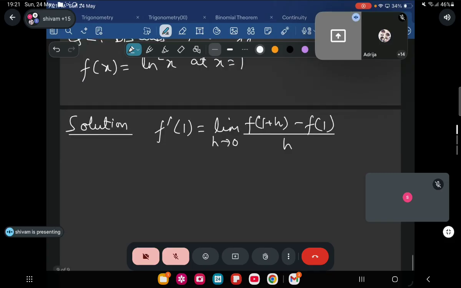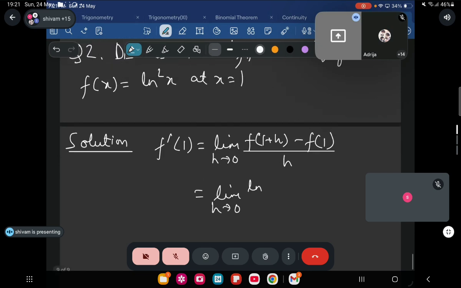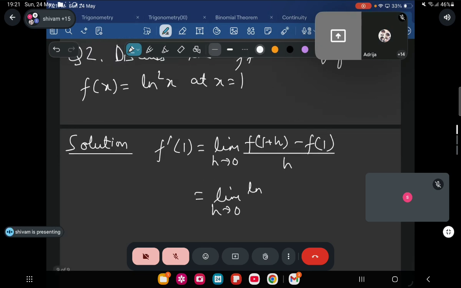This gives limit h tends to 0, ln square of (1 plus h) minus f of 1, which is 0, divided by h. Anyone having any doubt?